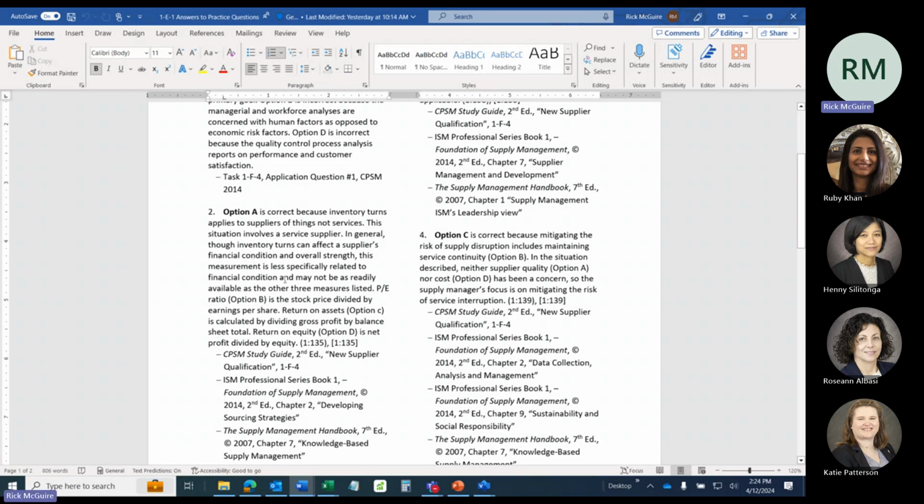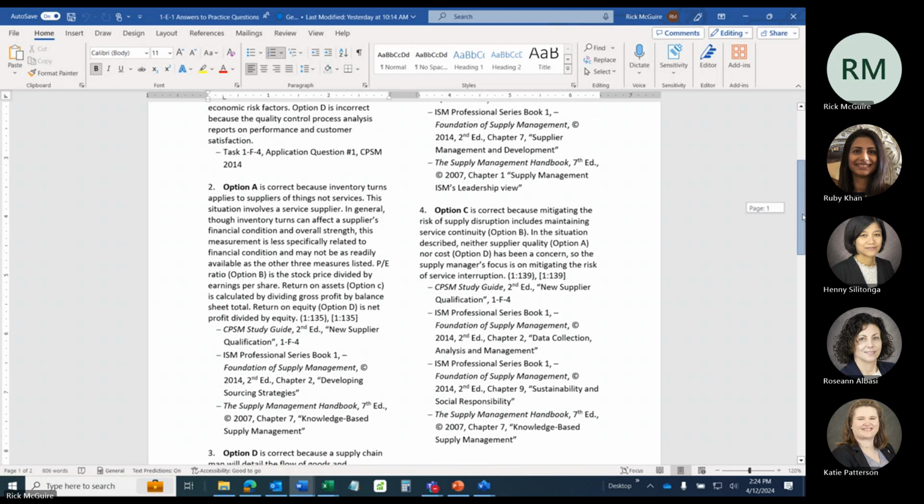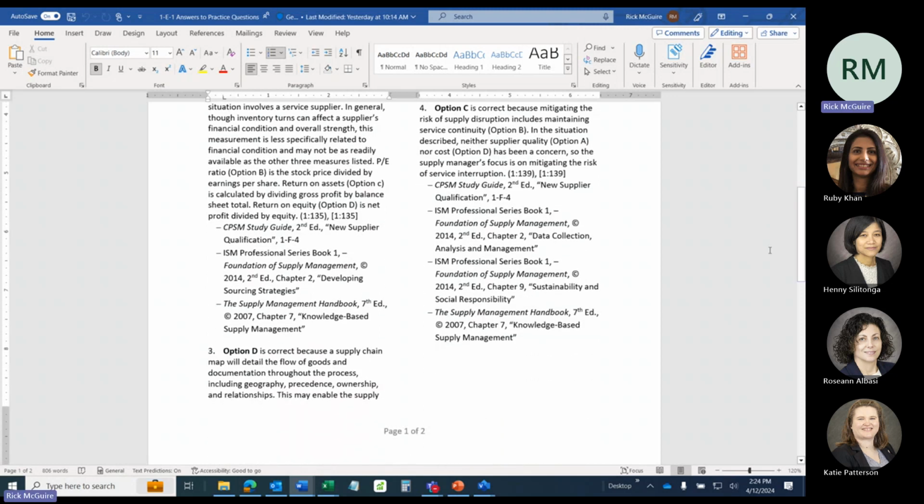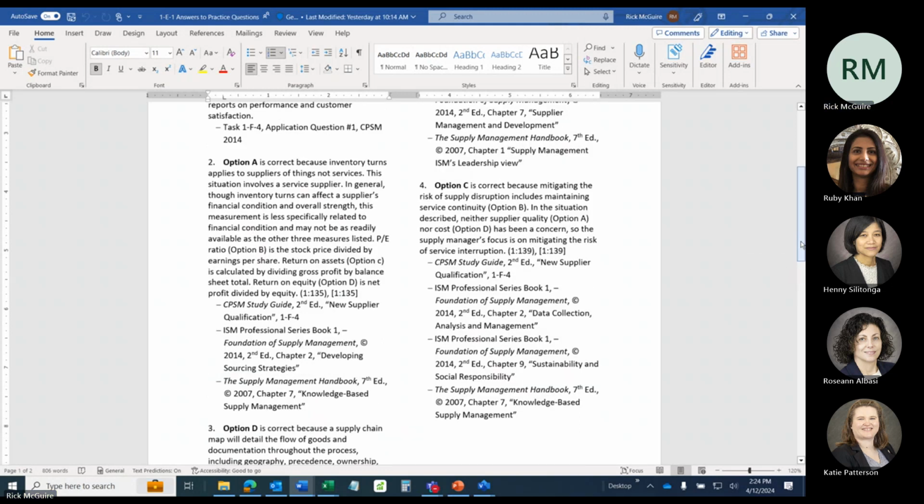So it was a service company that they were looking at. 3 is Delta. A supply chain map will detail the flow of goods and documentation throughout the process. 4 is Charlie. Mitigating the risk of supply disruptions includes maintaining service continuity.